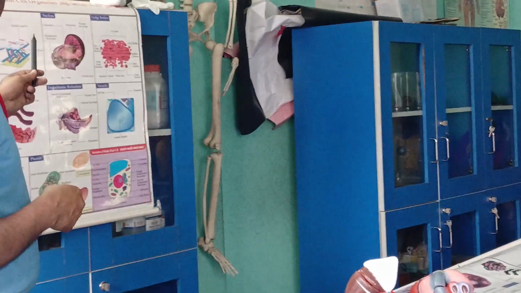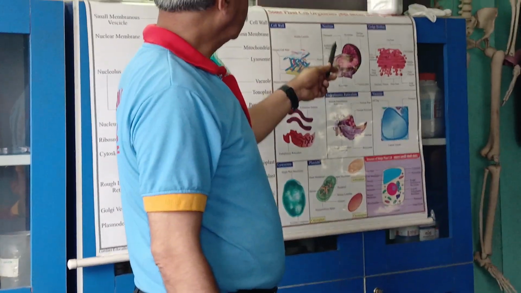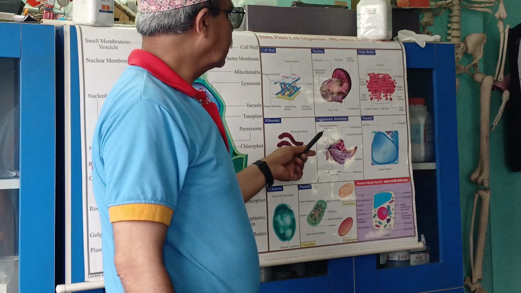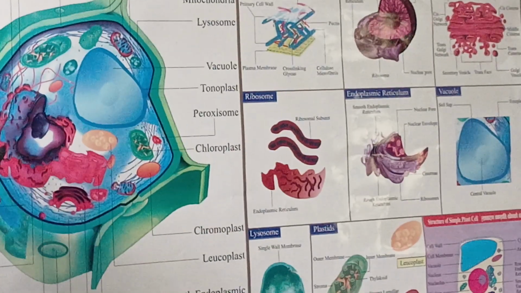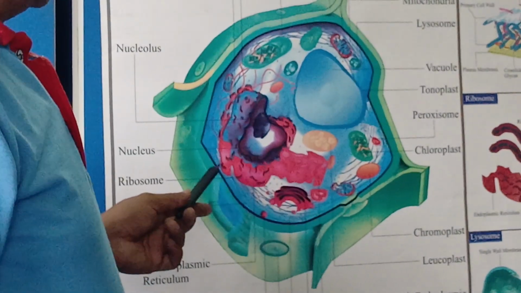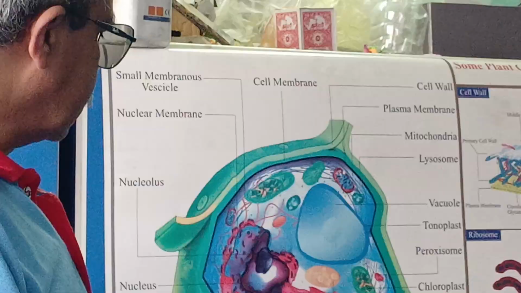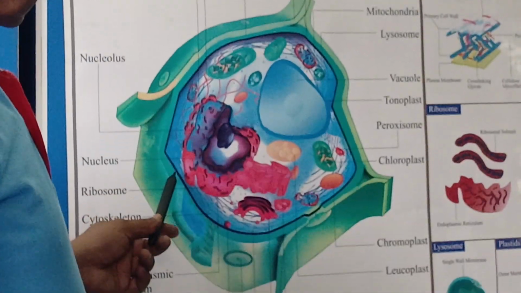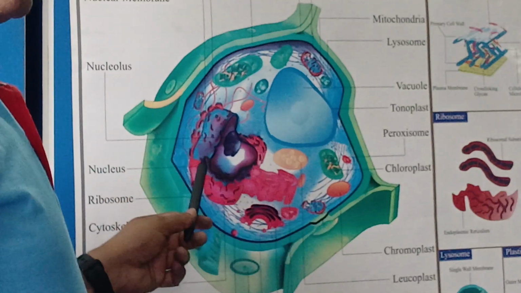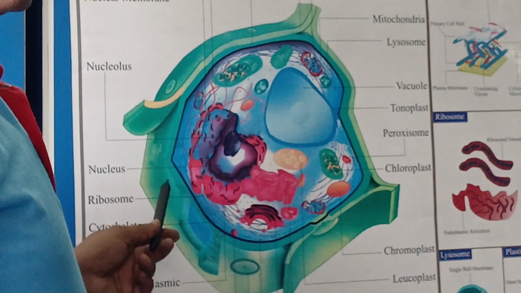So these things you have to remember: cell wall, nucleus, Golgi bodies, ribosome, endoplasmic reticulum, and cell membrane or plasma membrane. The main function of the endoplasmic reticulum is to carry substances from the cell membrane to the nucleus and from the nucleus to the cell membrane.